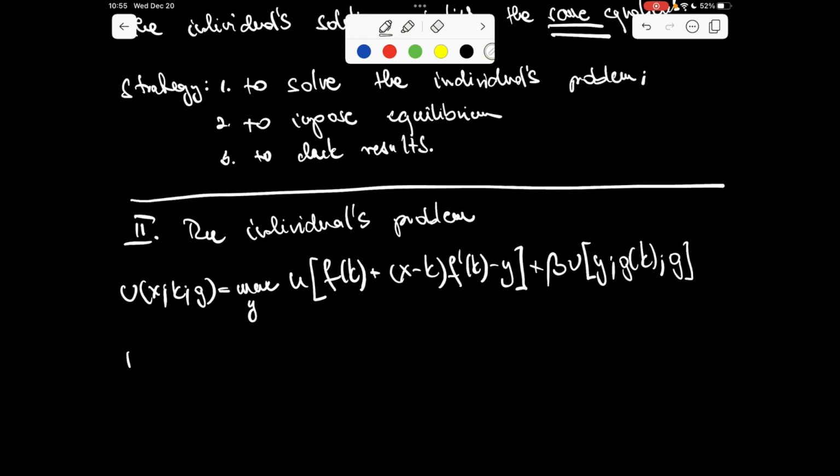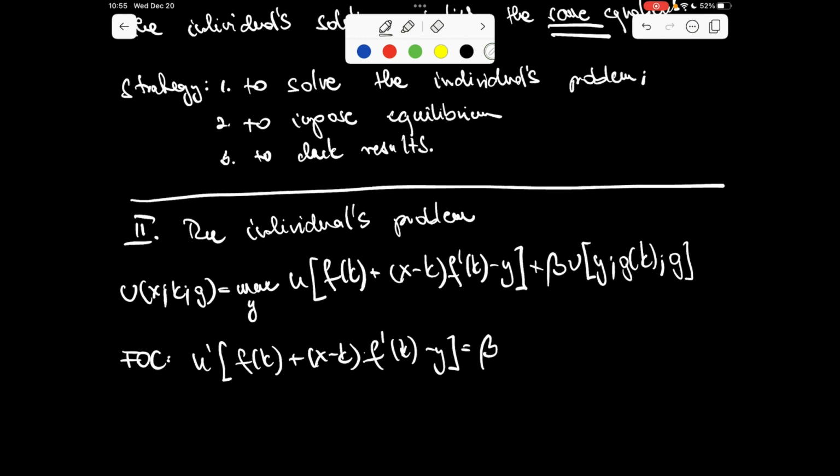From this, the first order condition is simple. We have nothing to do with these parts. We are interested in y only.